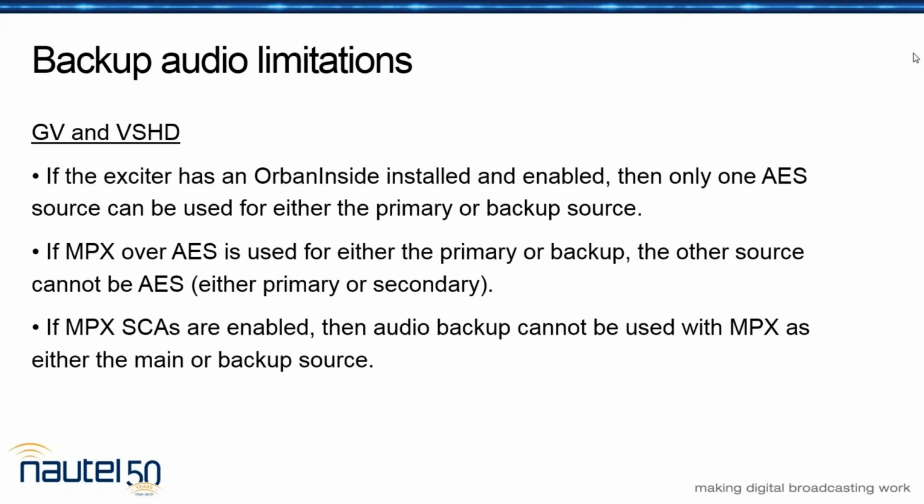If you're using MPX over AES as either the primary or backup, the other source cannot be AES. You could use analog or MPX. If you have any MPX SCAs operating on your transmitter, then you cannot use MPX as either the main or backup source.